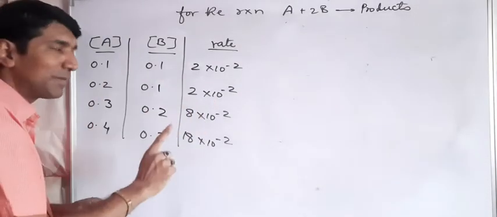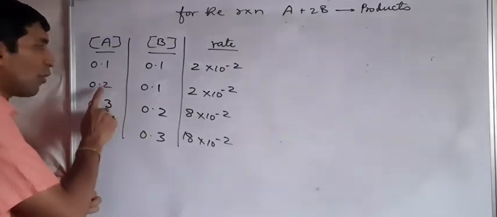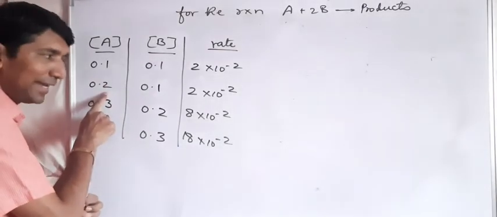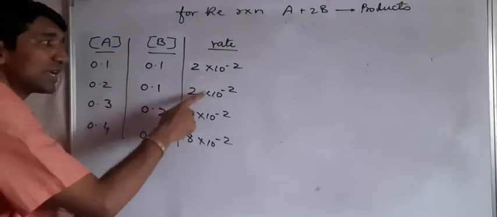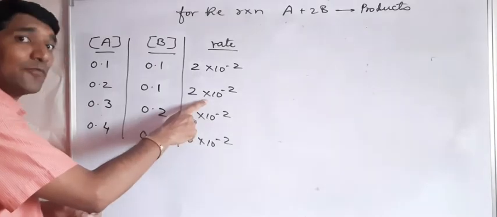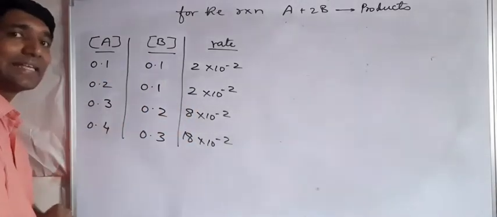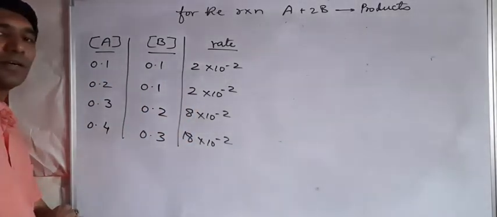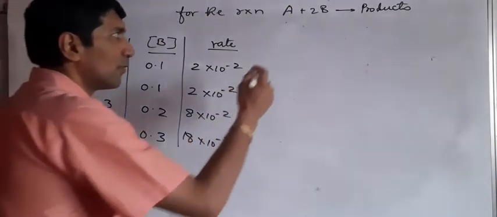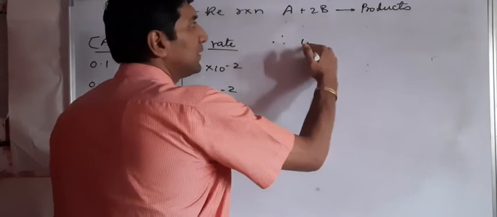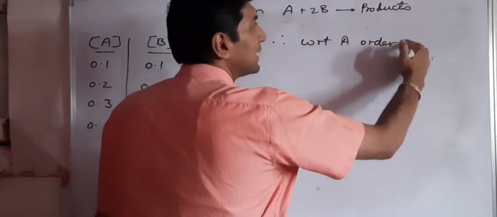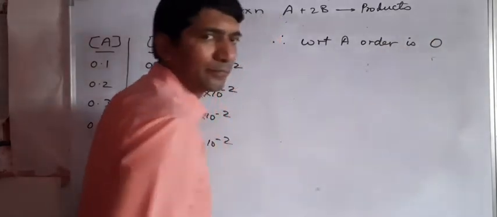Which means that if we are altering the concentration of the reactant A, there is no change in the rate of the reaction, which means the rate is independent of the concentration of reactant A. Therefore, with respect to A, order is 0.